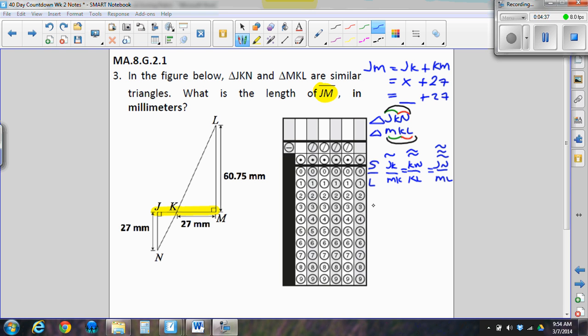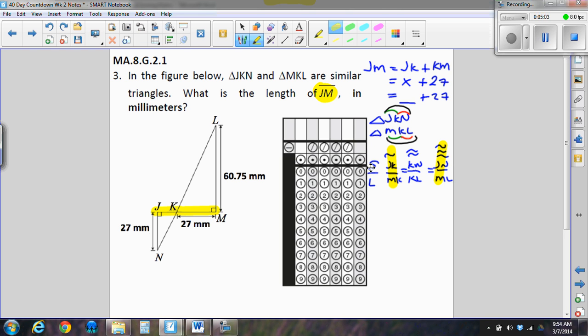When we rewrite the proportion, first let's identify the pairs that we need. We need this pair because it has JK. We also have to use the pair that has numbers. So when we look, where are the numbers? The numbers are with JN and ML. So we need this pair. Those are the two pairs that we need.